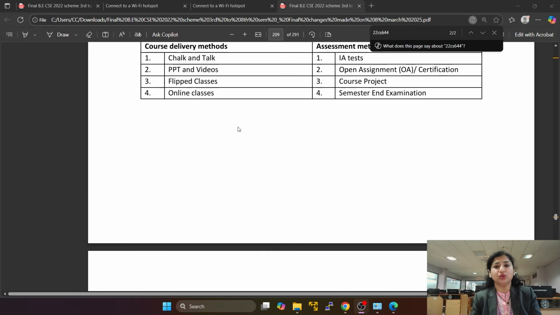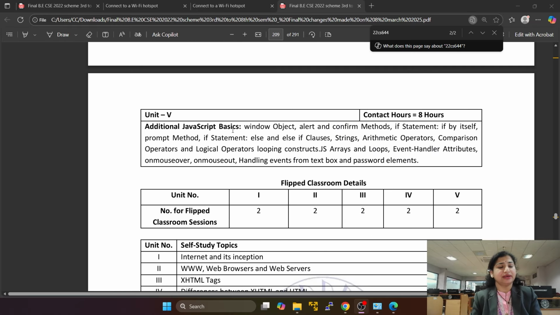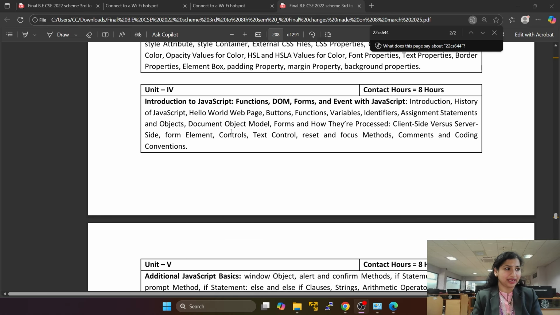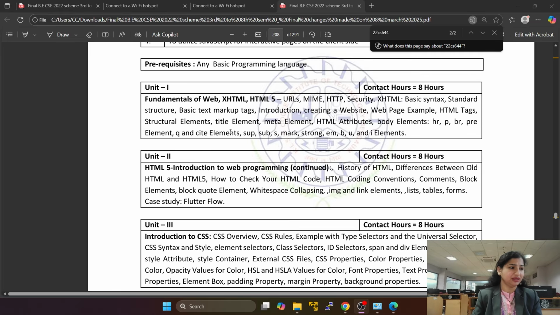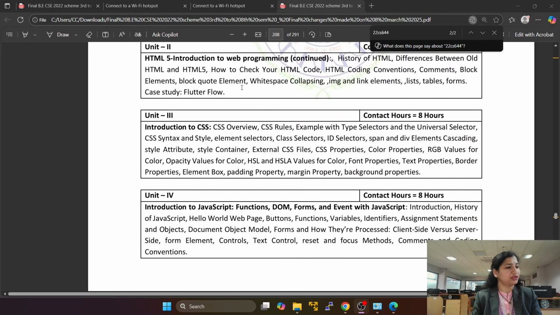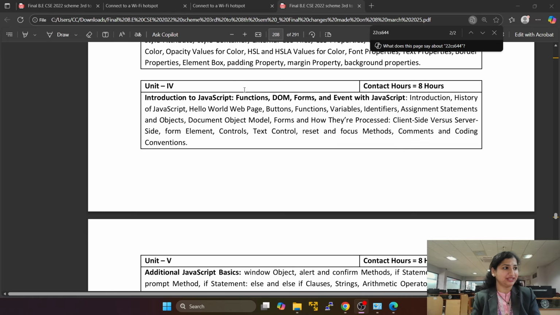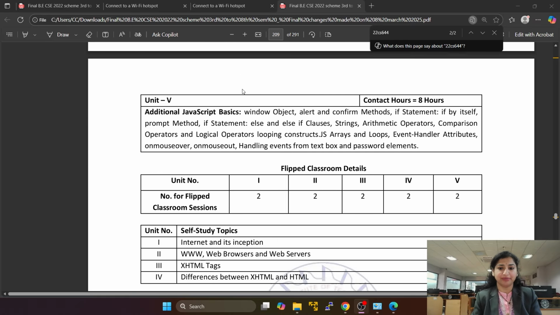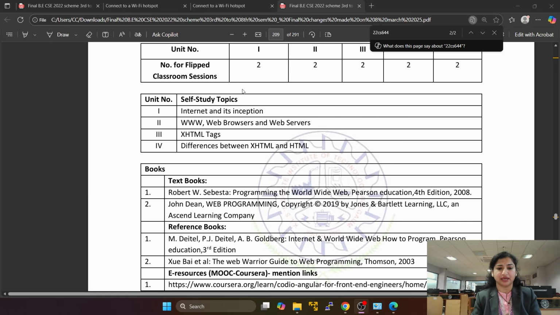So you can expect that once we are done with the entire course, that is learning HTML, CSS, and JavaScript, where HTML is the structure, CSS is the styling, and JavaScript is the functioning of a web page, you can apply for jobs like web page designer or website designer. You can also learn backend in an advanced course and become a full stack developer, which is in high demand in the market now.